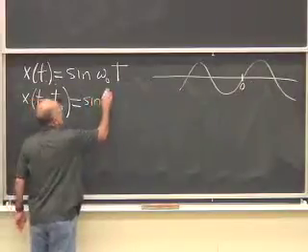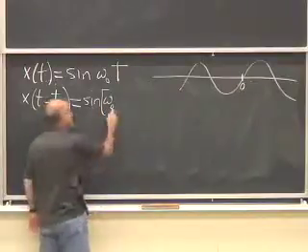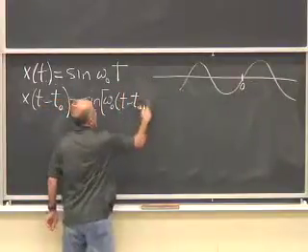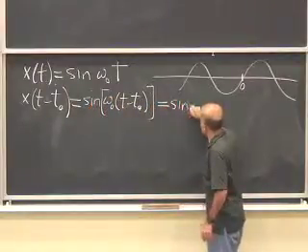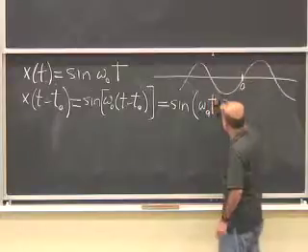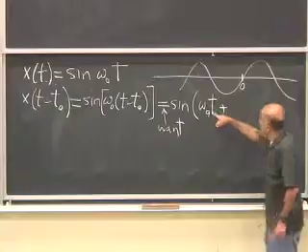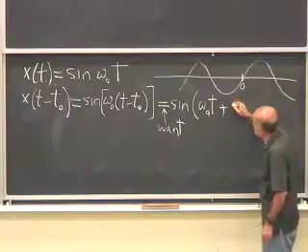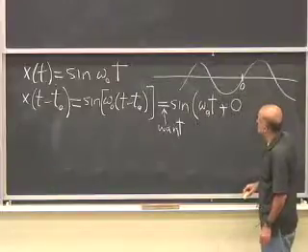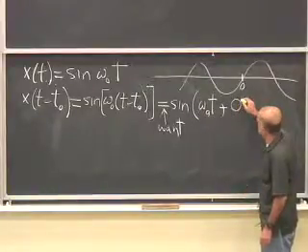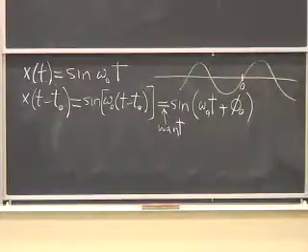Sine of omega naught t minus t naught, and by shifting that I want to get sine of omega naught t plus phi naught. Yes, this is correct.